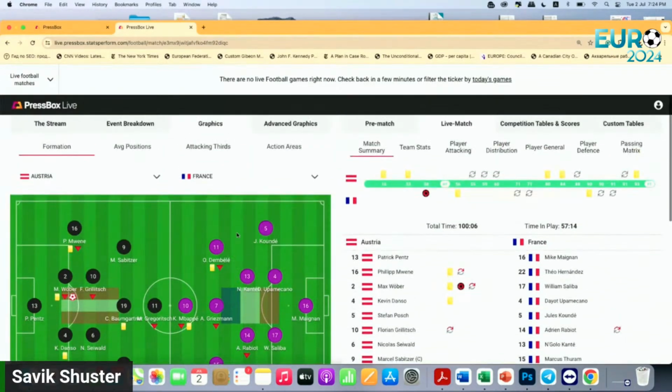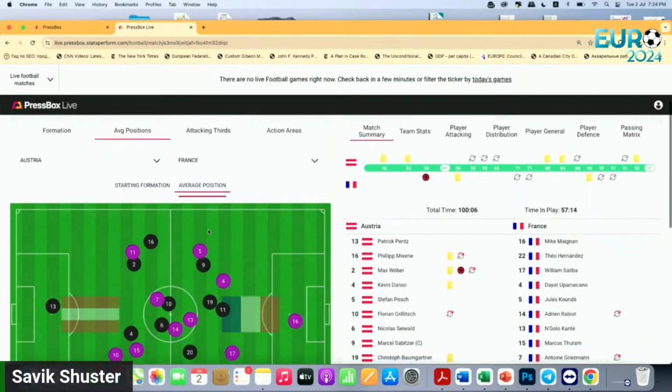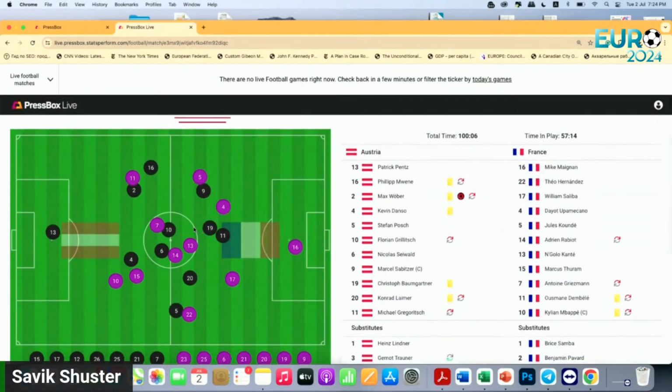Here we see the teams, we can see the average positions, so you can see that again, this Weber is going to be disqualified, that France is all over Austria.